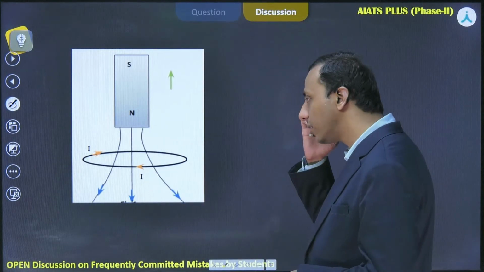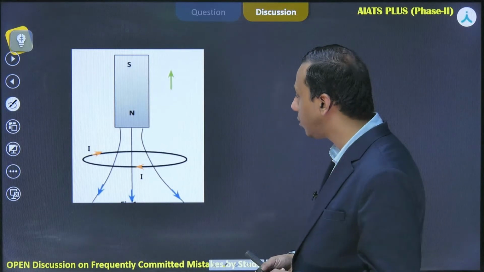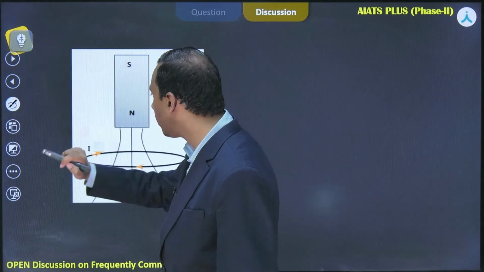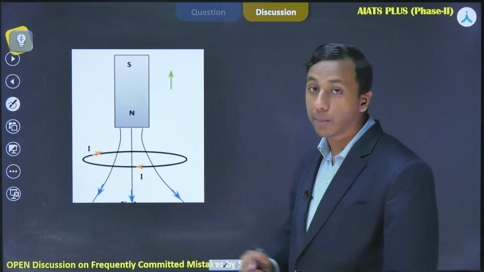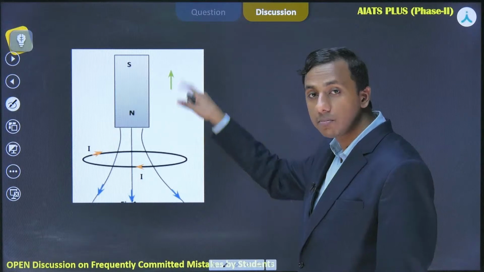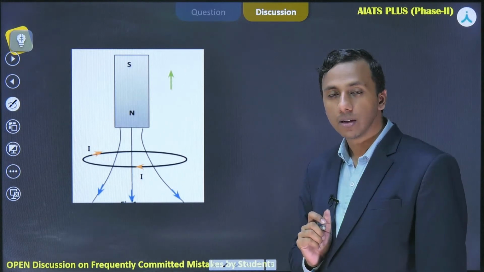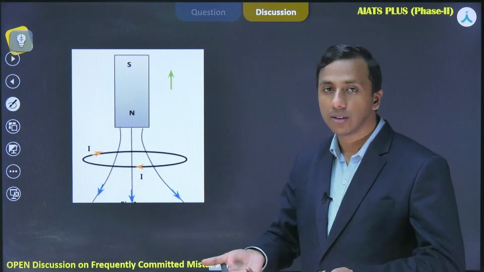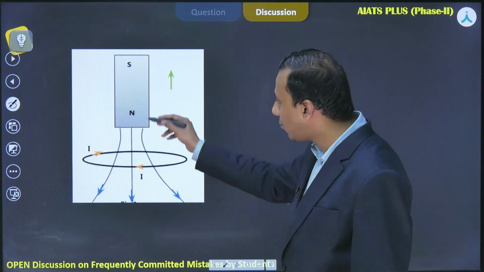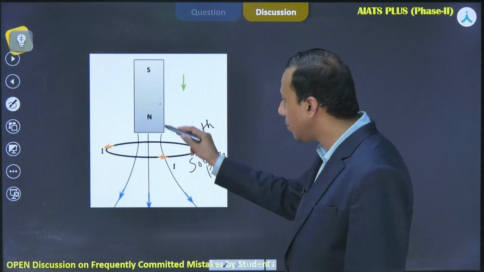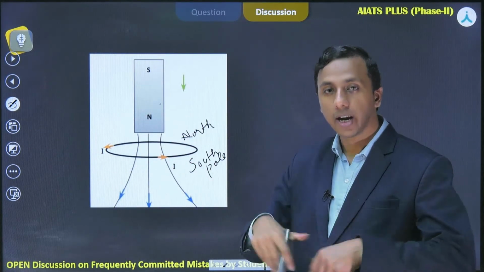And yeah, again, this one also, see, this we did not talk about. I think you can tell me. So I hope your concept is clear. You can tell me, right? North pole is not approaching now. It is going away, right? So which means the top side has to behave as what? Top side will try to oppose the change, right? So magnetic flux, which we saw over here, through this wire, magnetic flux was increasing. So it tried to oppose it.